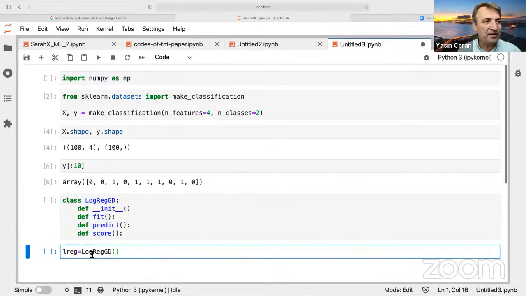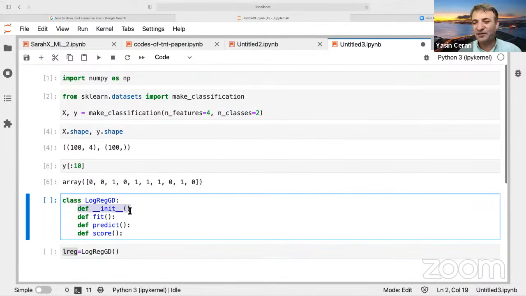The moment we do this, we are taking one instance from this class. This is a logistic regression model that we initiated. When we first initiate this model, this init function is going to run. Every time we initiate a new logistic regression model, the init function will run.